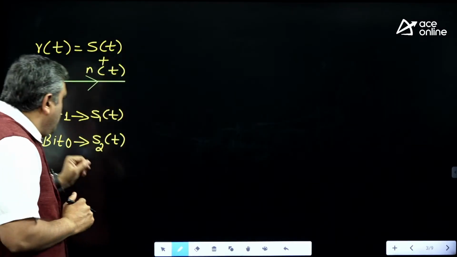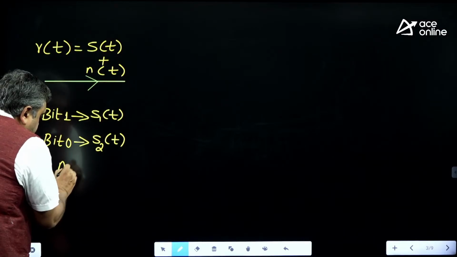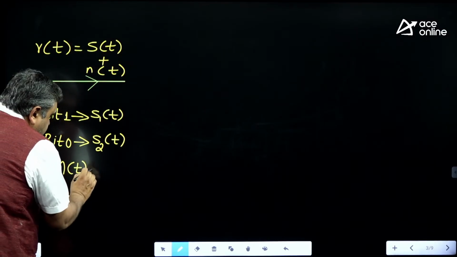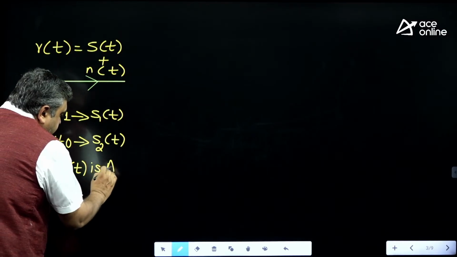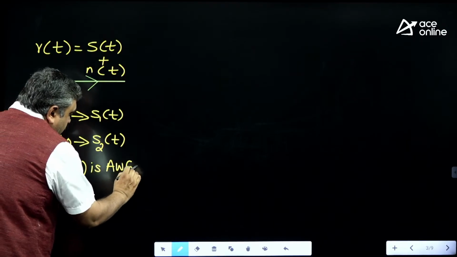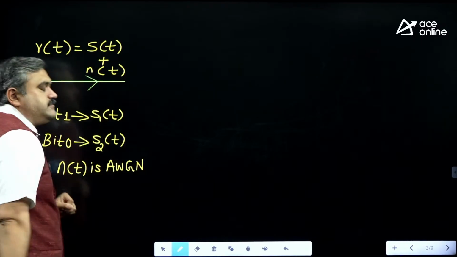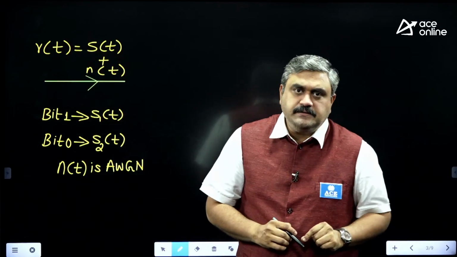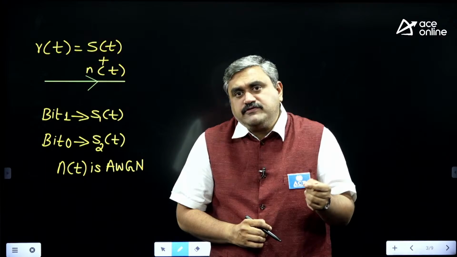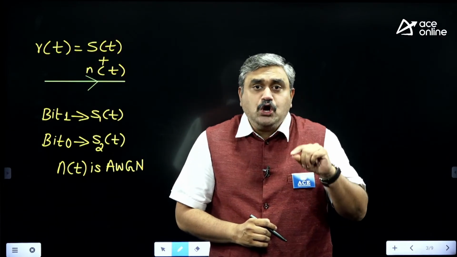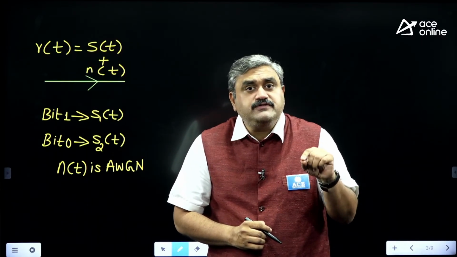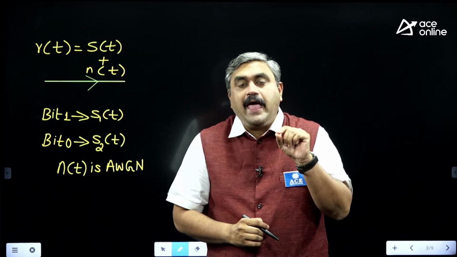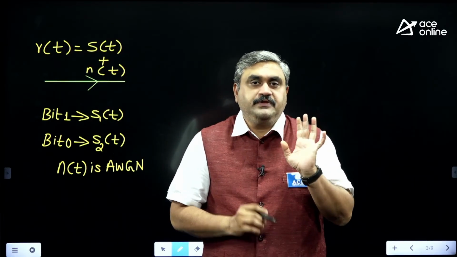Now, what about noise? N of t, whatever is considered, is a random process which is taking the form of additive white Gaussian noise. That means what? This noise will get added with your modulated signal. White means what? It affects all the frequencies equally. Gaussian noise means the PDF of this noise is taking the form of a Gaussian random variable. That is the meaning in this statement.